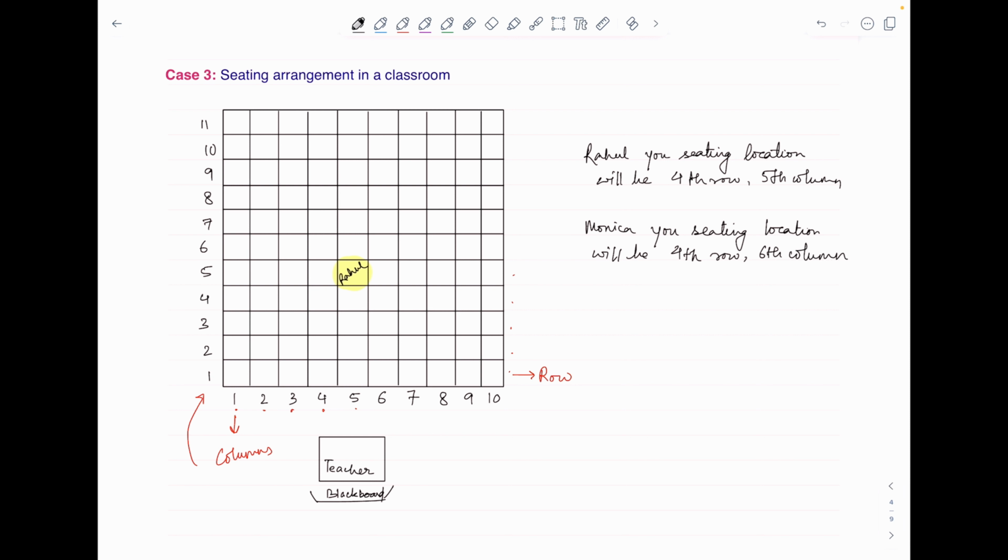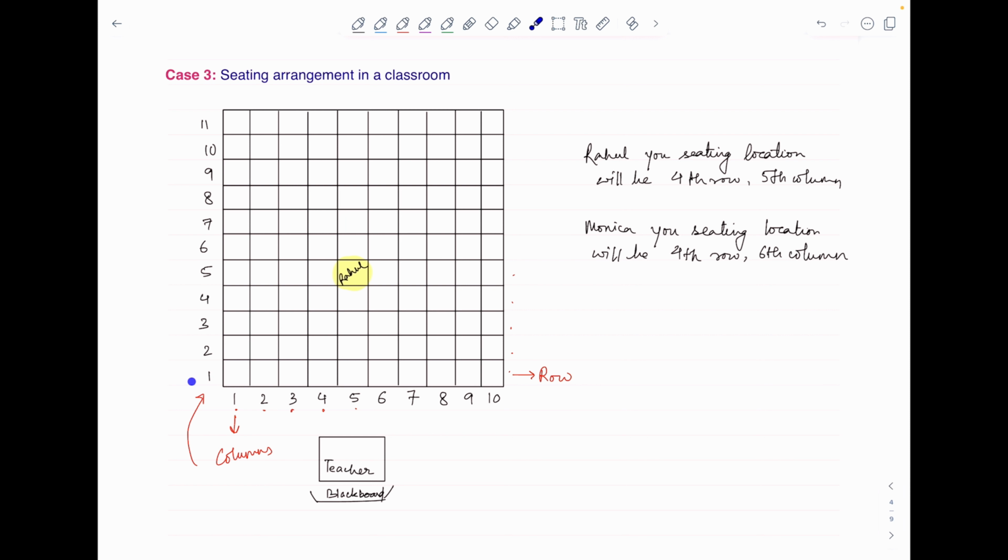Suppose your girlfriend is very dumb, she doesn't know this row and column thing, and you are very intelligent. So you say, Monica, please come, sit beside me, sit on the right side chair.